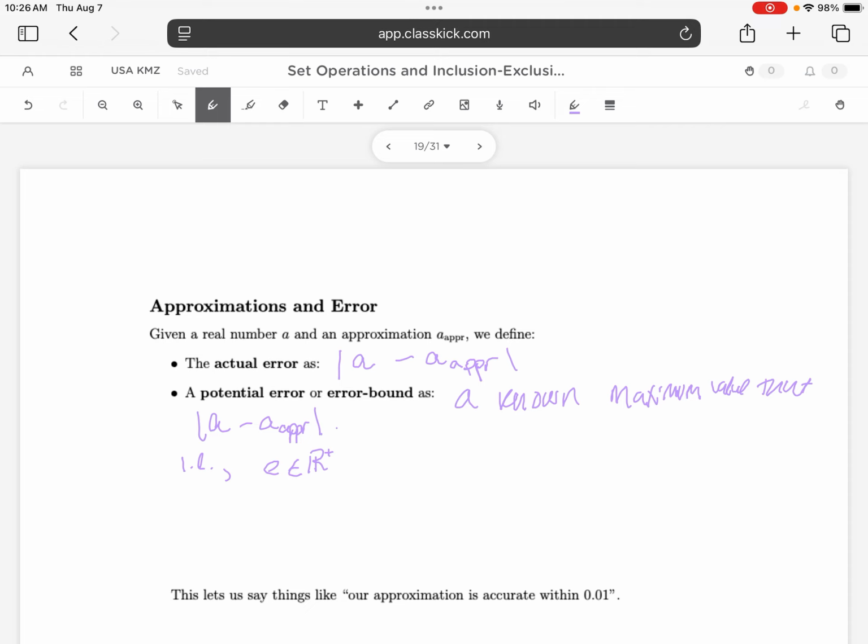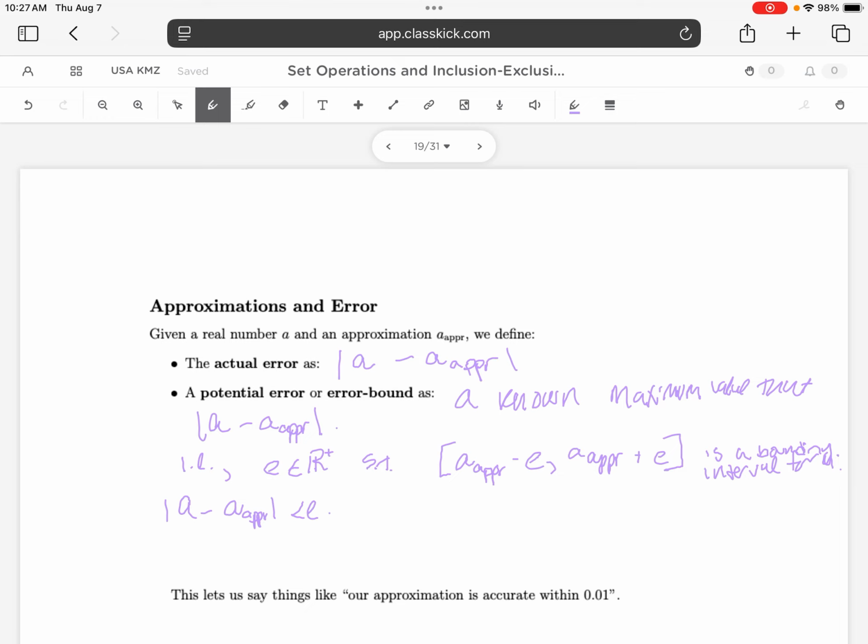I'm just going to say e is an element of R plus because it's a positive real number, such that the interval between the approximation minus the error bound, and the approximation plus the error bound, is going to be a bounding interval for a. In other words, a is guaranteed to be in that interval. And that means that the absolute value of a minus the approximation is less than or equal to e.